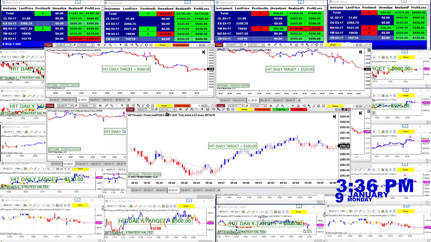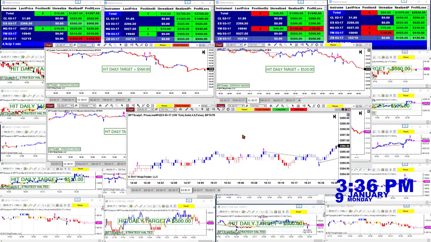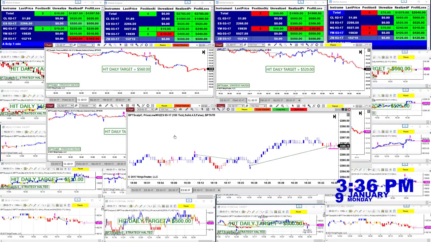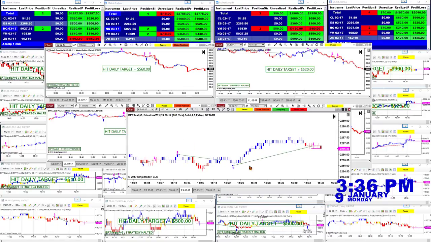Actually, one of my customers told me to use this one. He's been using the 233 ticks on the C scalper, and this one here on the 150 ticks, we are still missing one trade to close those trades.